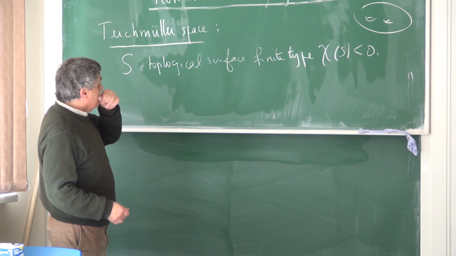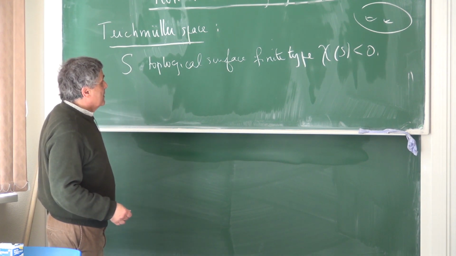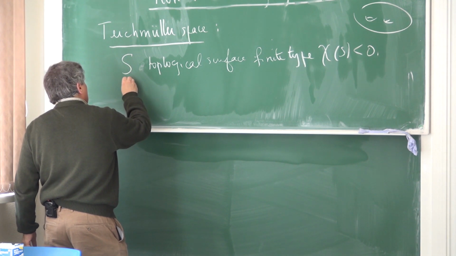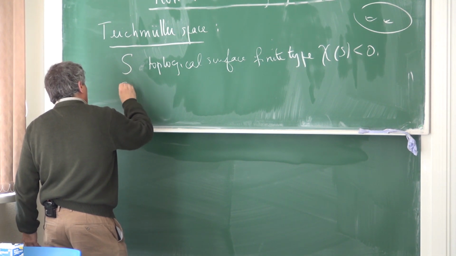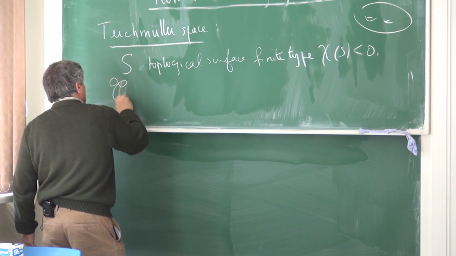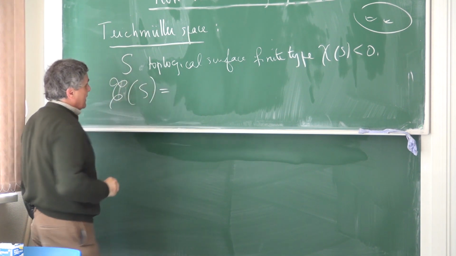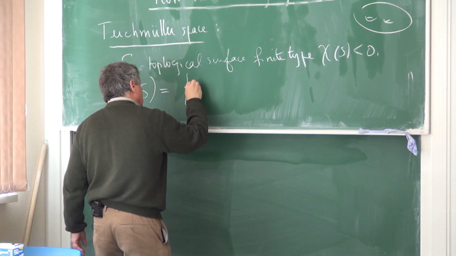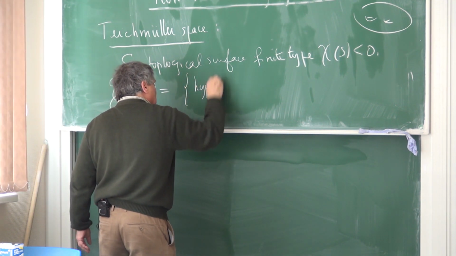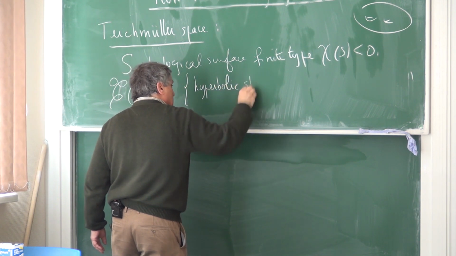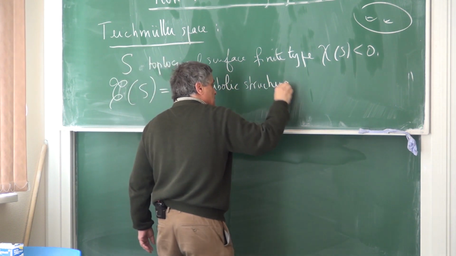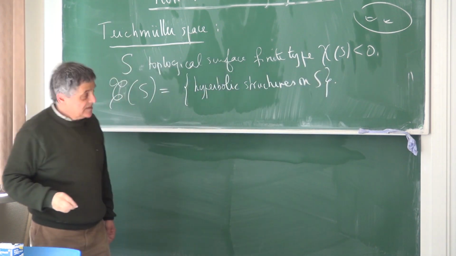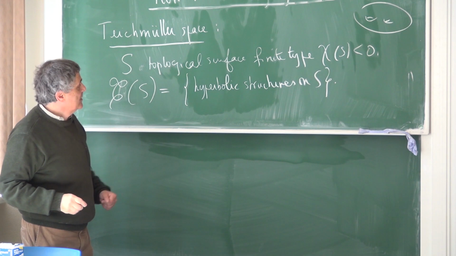So S is a topological finite type surface, and then we consider the space, so T of S is the set of hyperbolic structures on S. I just told you that this space is not empty.